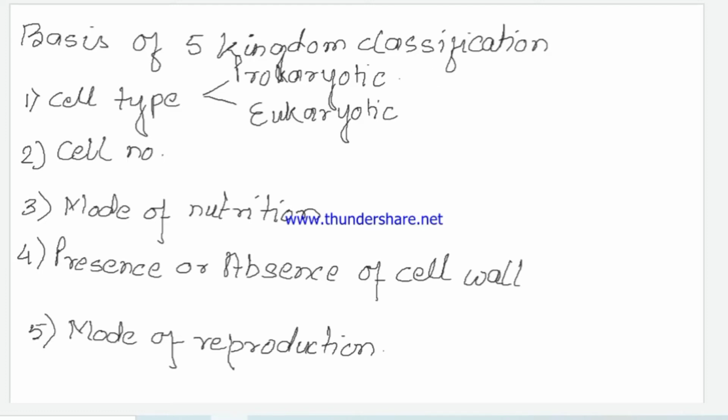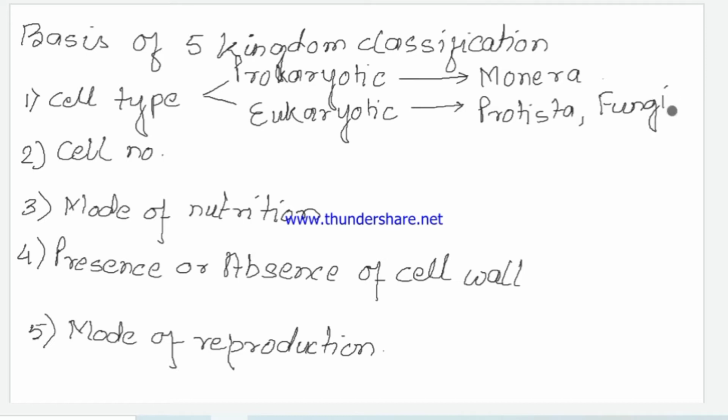The prokaryotic organisms were the members of the group Monera, the first kingdom, and eukaryotes included Protista, fungi, Plantae and Animalia.